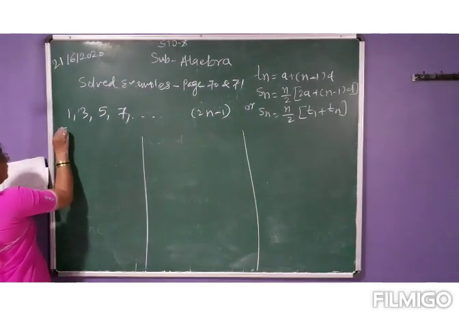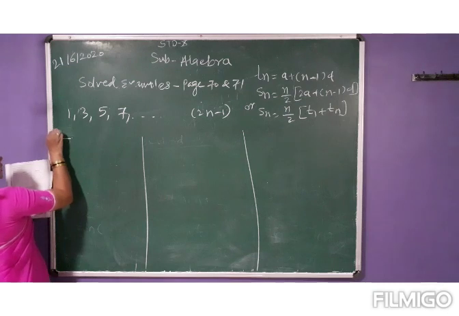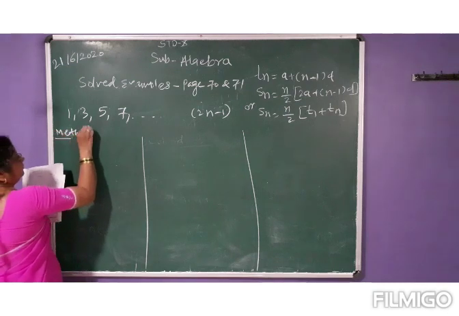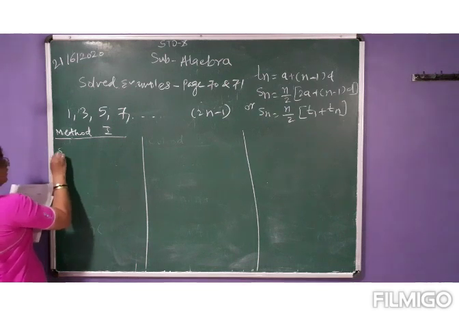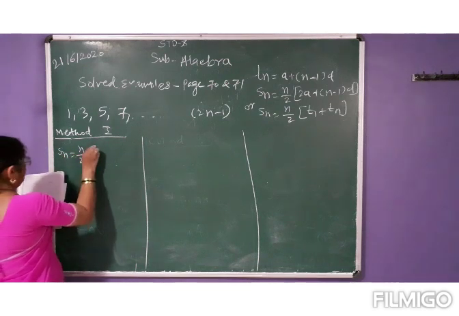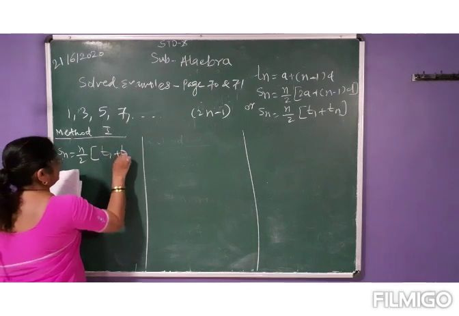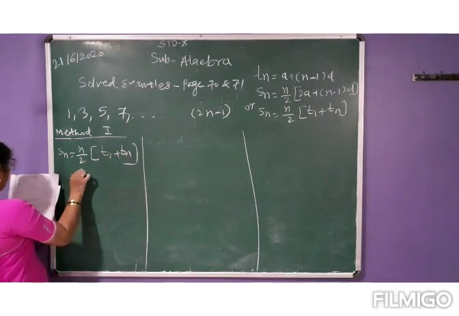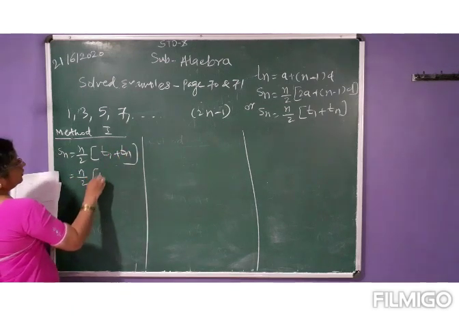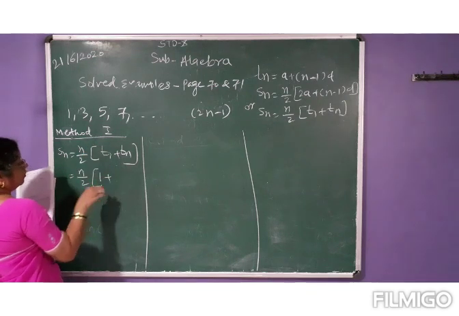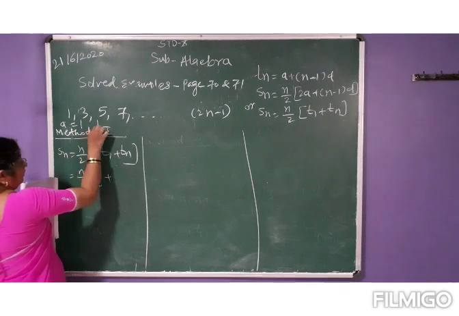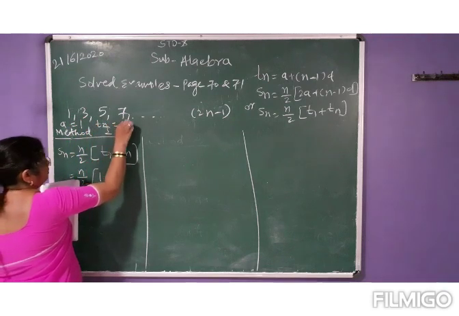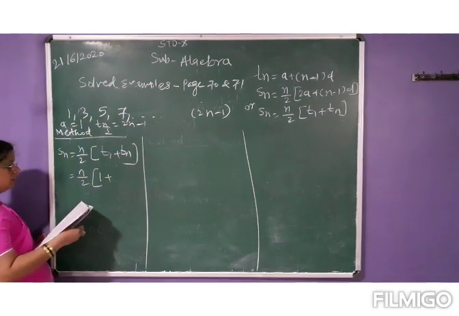The method 1 we will see here. Method 1 is by using Sn is equal to n upon 2 into T1 plus Tn formula, right? So here n upon 2, your T1 is a, because a or T1 is 1, then Tn is your 2n minus 1, correct?